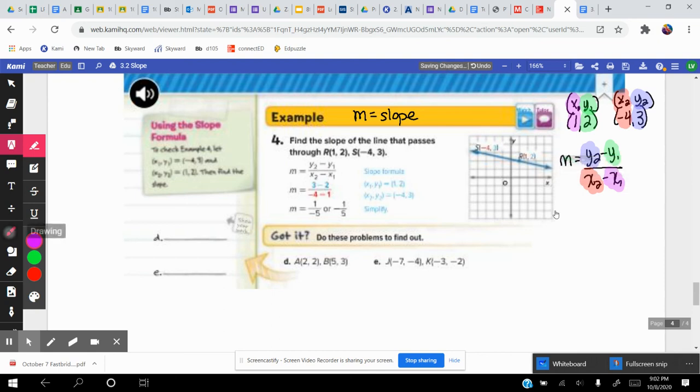So I'm going to plug in my numbers. y2 is 3 minus my y1 value, 2, divided by x2, which is represented by negative 4, minus my x1, which is 1.